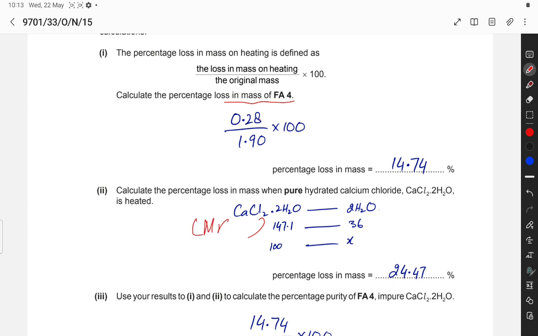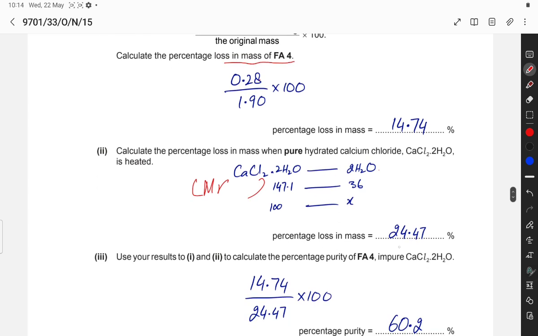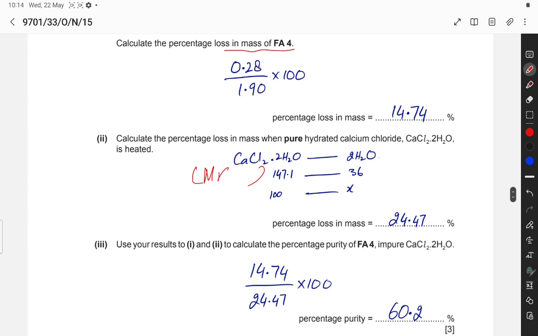This is the hydrated salt. So 147.1 gram contains 36 gram of water. So what would be the mass if 100 gram of calcium chloride is used? So carrying X, this percentage loss in mass is 24.47%.